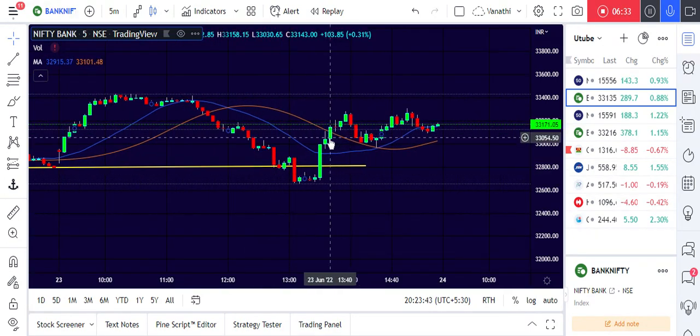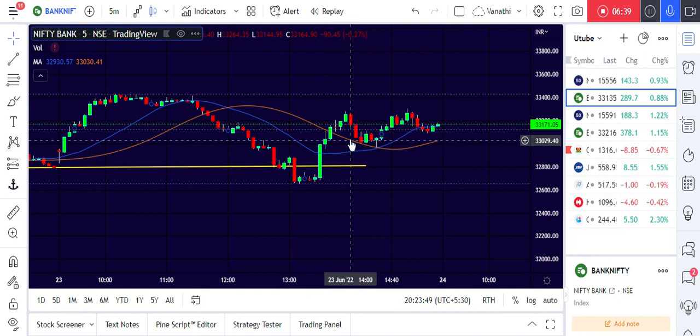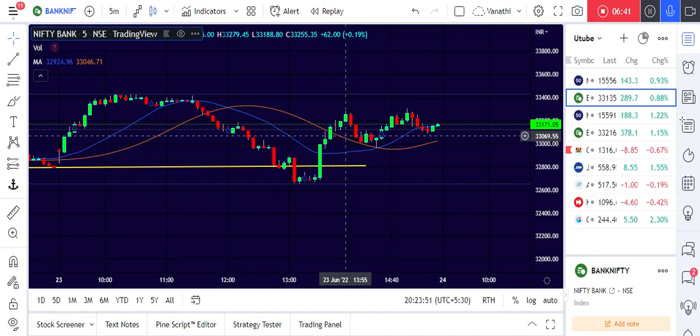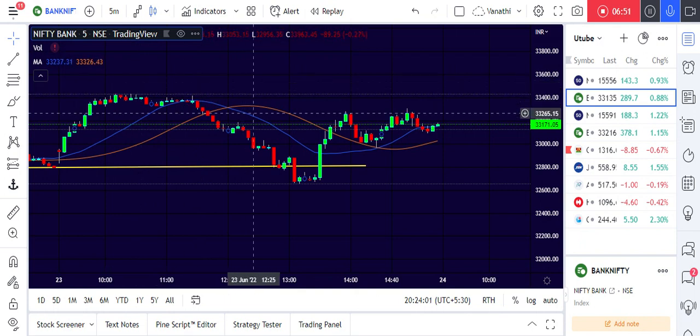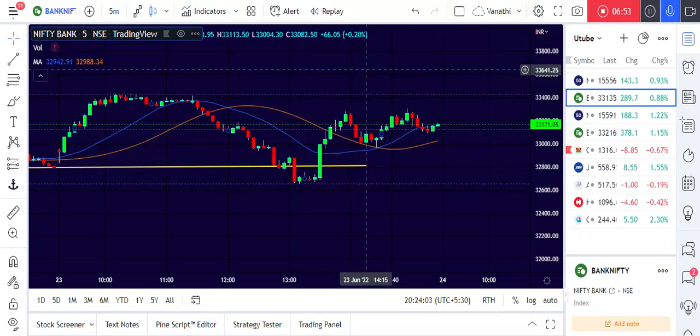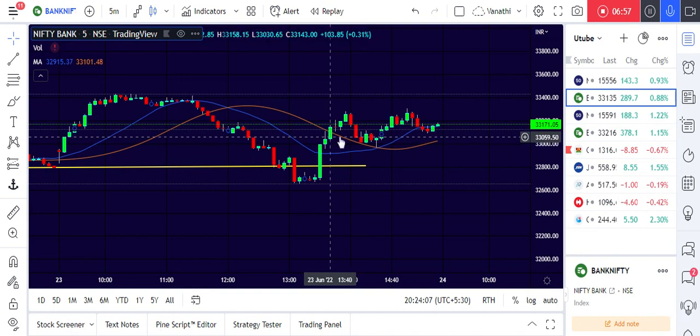Okay, so what I thought is, since the candle was very strong and it was moving upside, it will break this level, and this resistance also it will break and it will move towards this level. Also the price was moving upside, right?